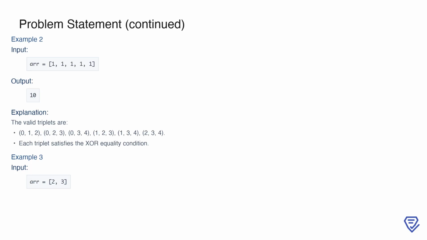For instance, in triplet (0, 1, 2), the XOR of the subarray [1] is 1, and this matches the XOR of the subarray [1], which is also 1. Similarly, for (0, 2, 3), the XOR of [1, 1] is 0, and this matches the XOR of [1, 1], which is also 0. This example highlights how arrays with identical elements can lead to multiple valid triplets.